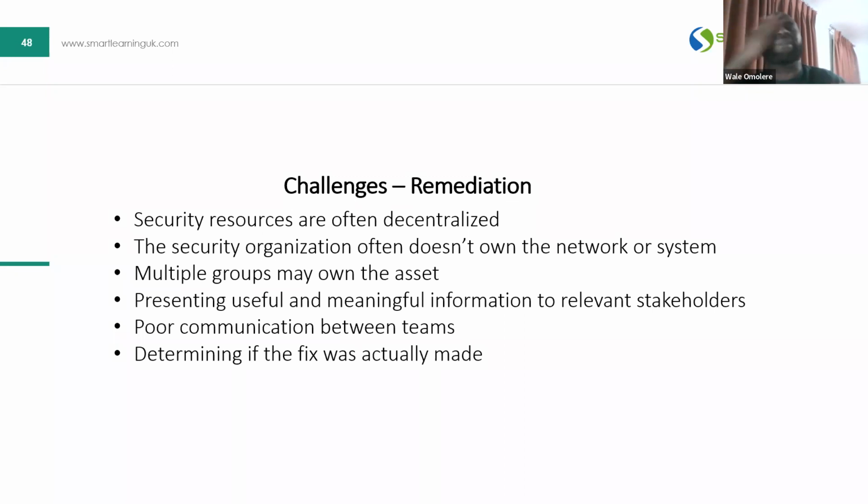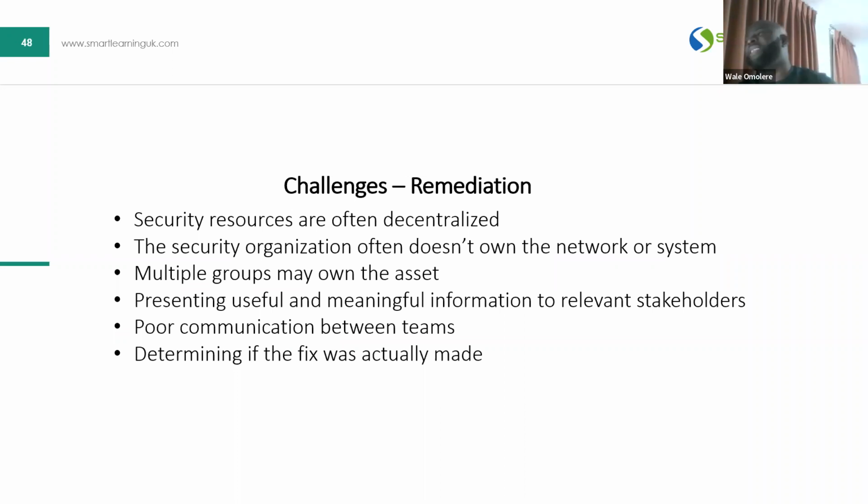So you can see three things I've mentioned: the web application, the web server, and the operating system. But do you know in most organizations, three different stakeholders can actually own those three assets? Or two, worst case scenario.